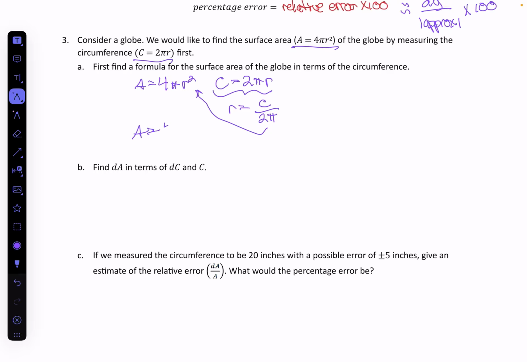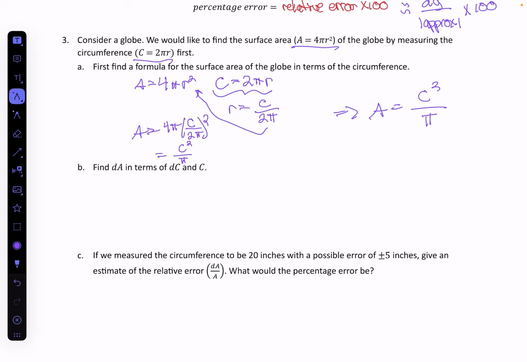So we get A is equal to 4 pi times c over 2 pi, that whole quantity squared. And if we simplify this, we will get c squared over pi. Okay, so there's our formula for the surface area of the globe in terms of the circumference. Let me write that over here so it's easier to see.